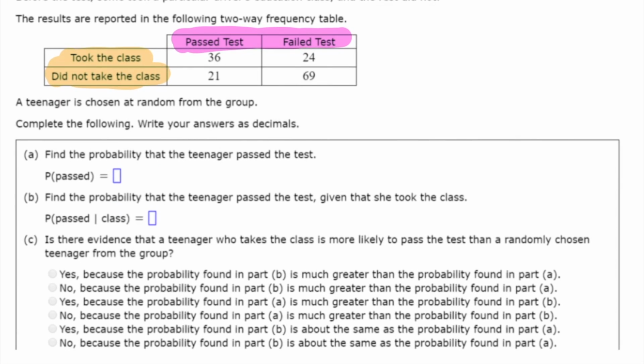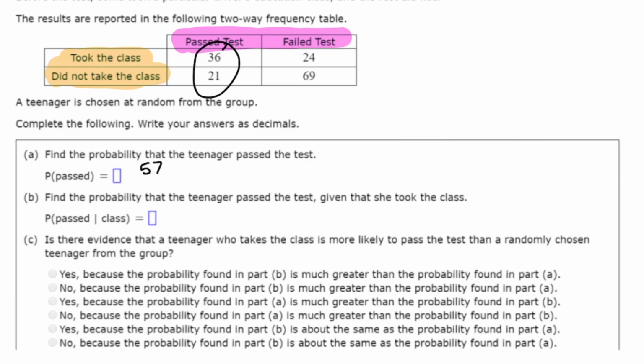We're talking about all students here. How many students passed the test? Well, we had 36 and 21 that passed the test, right in this column right here. So that would make 57 students.